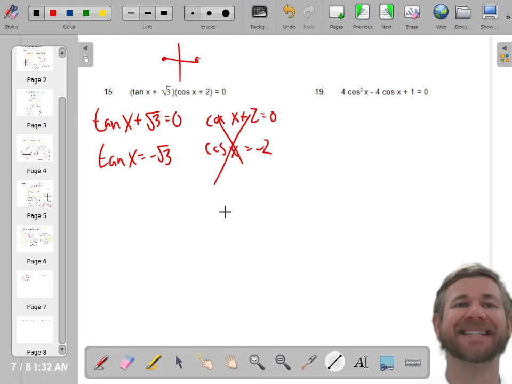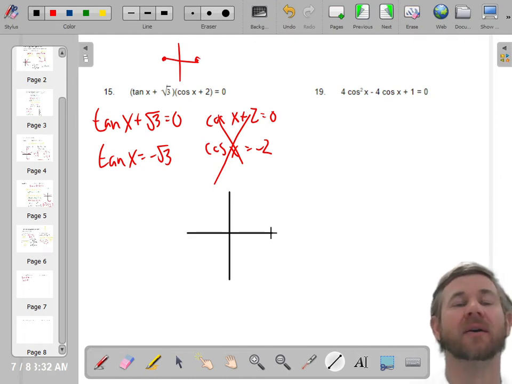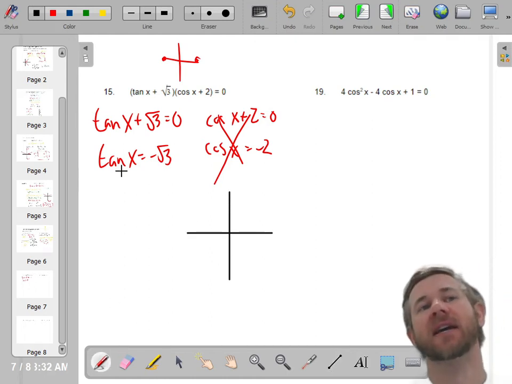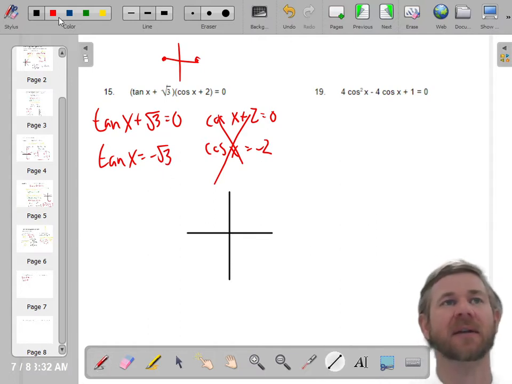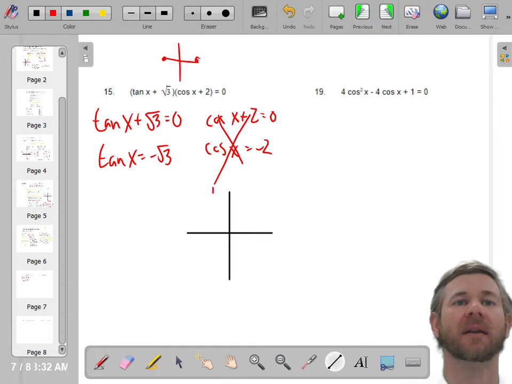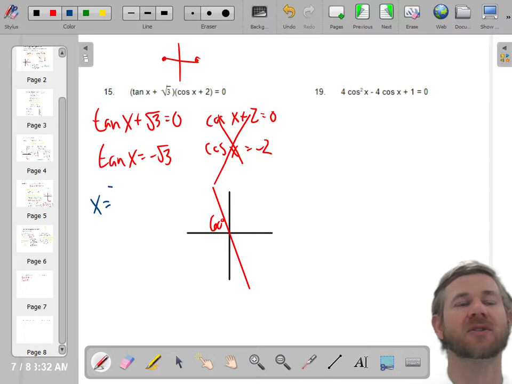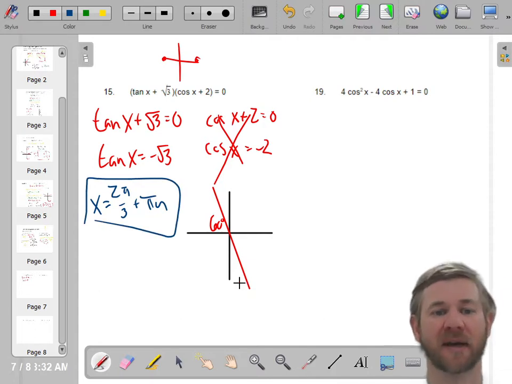So where is tangent negative radical 3? You should remember that if tangent is radical 3, it's a 60-degree reference angle, and tangent is negative in these quadrants. So with a 60-degree reference angle, x equals 2 pi over 3, and since it's straight through, we'll throw pi n on there. 2 pi over 3 plus pi n. That gets both of them.